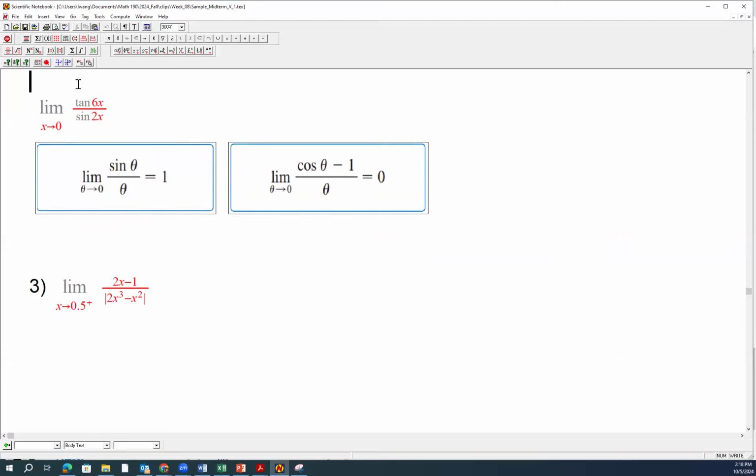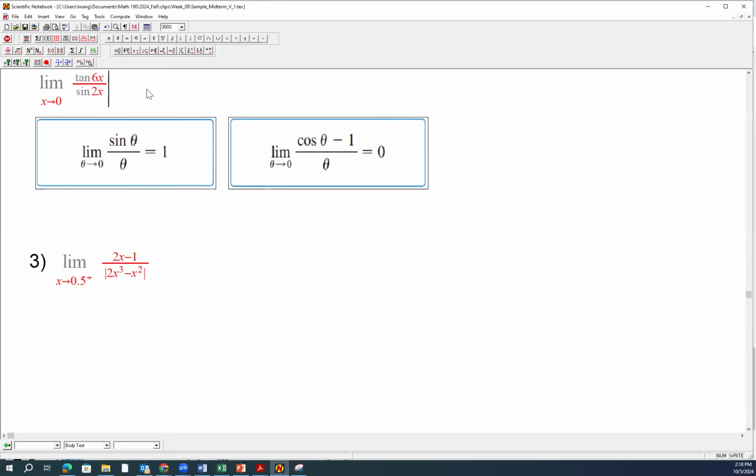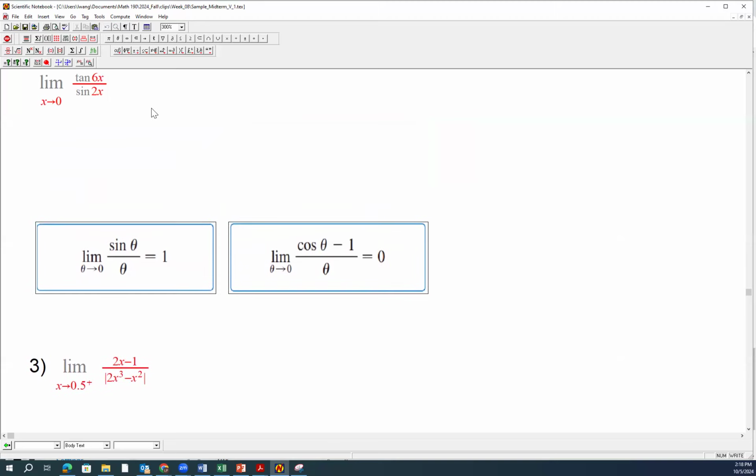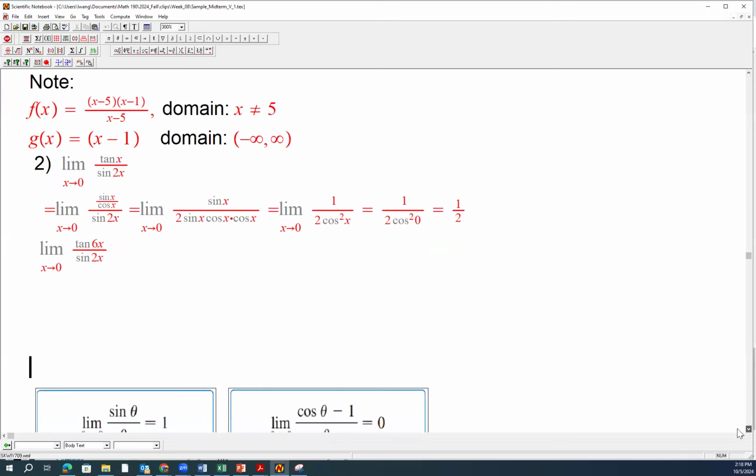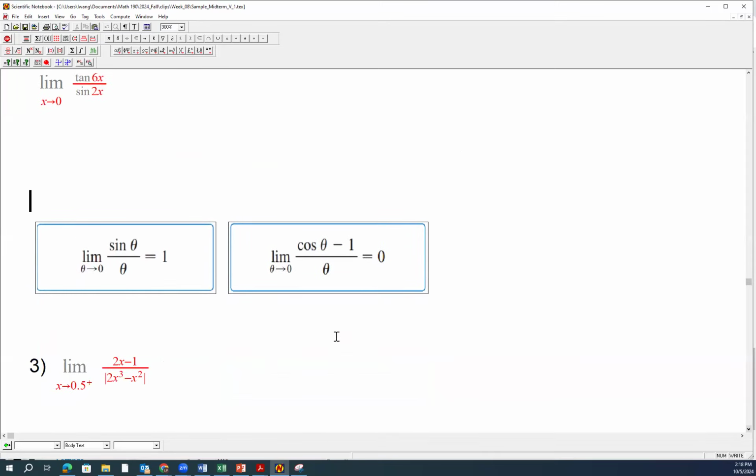Now, what are we going to do with this? Obviously, we cannot do it the same way as the other question. You probably don't want to expand it.